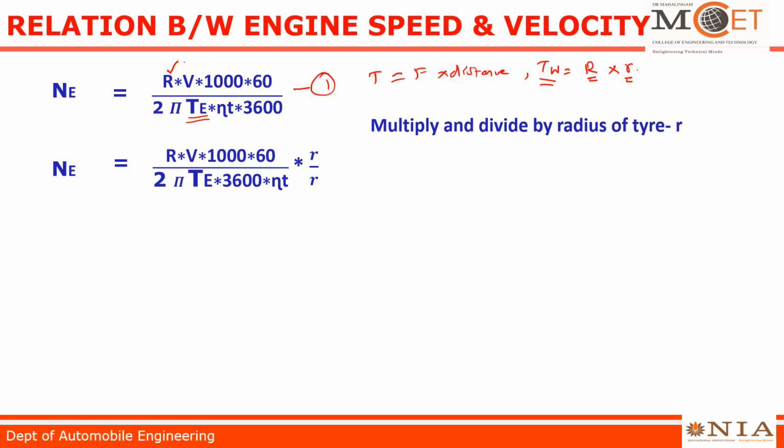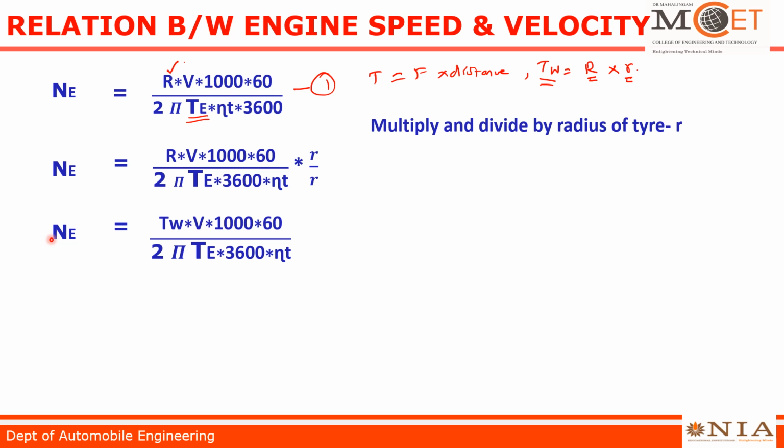Here R into r, that is resistive force into wheel radius, equals TW. I take R into r as TW. We get NE equal to TW into velocity into 1000 into 60 divided by 2π TE 3600 into eta T.